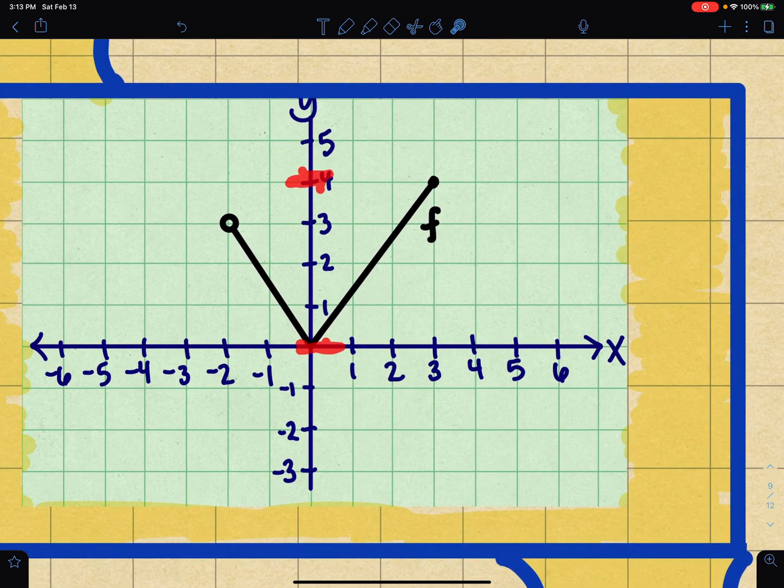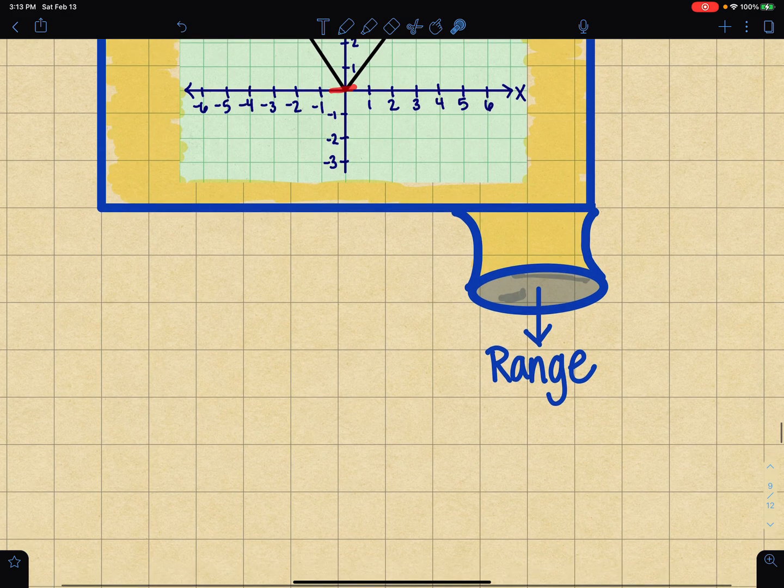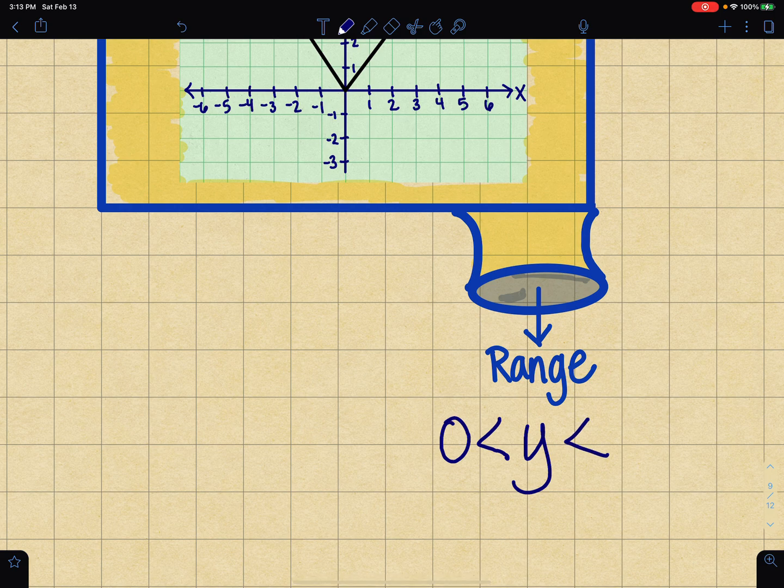Because that's all it does on the y-axis. It goes from 0 to 4, and that's inclusive. So the range is y is bigger than or equal to 0 and less than or equal to 4, meaning it includes the 0 and includes the 4.